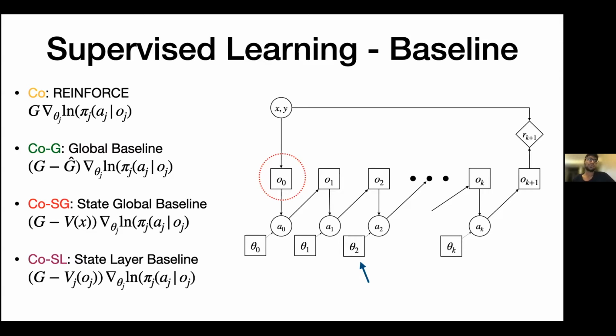The fourth one is estimating a layer-wise baseline for each observation each layer observes, which for the second agent means estimating a value function for the observation it sees. And this is how the update would look for that.